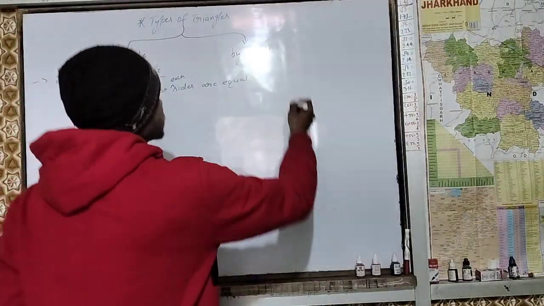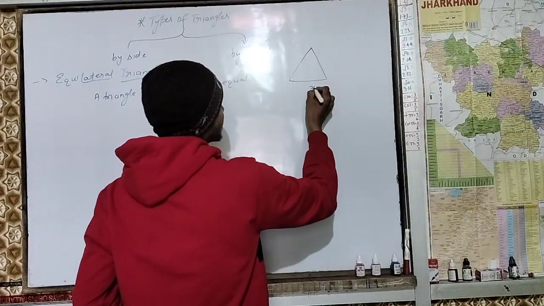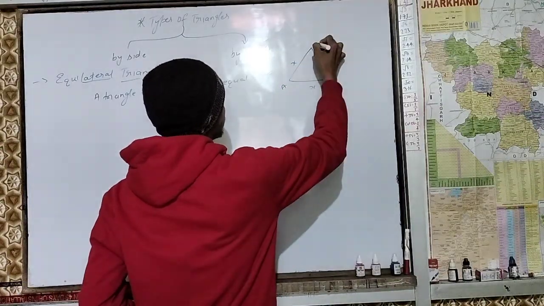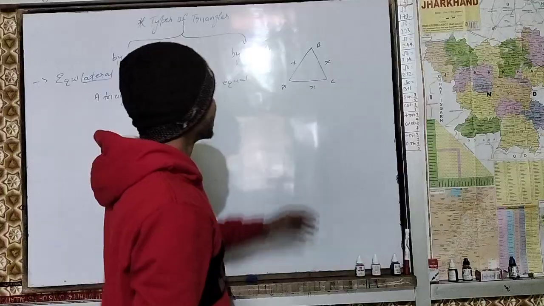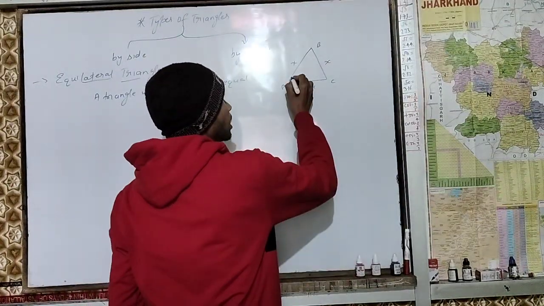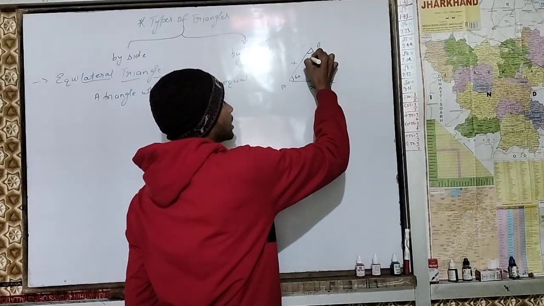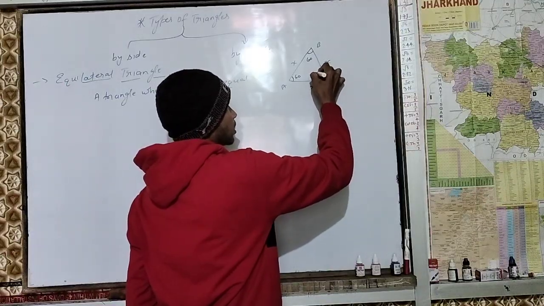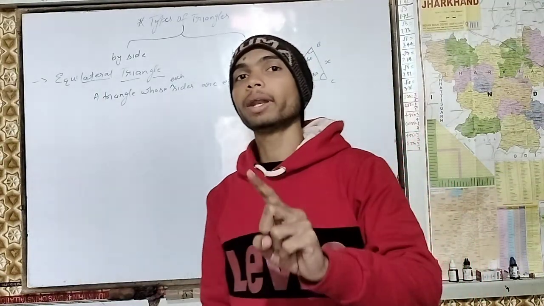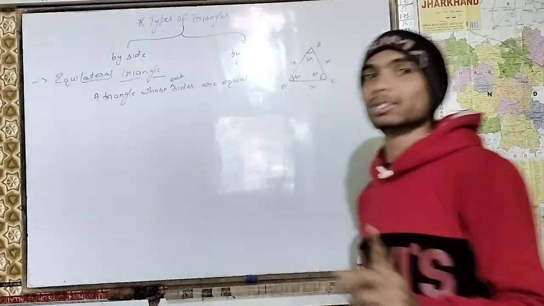Remember, if this side is x, then this will be x, this will be x. A, B, C. If each side is x, it means each interior angle is going to be 60 degrees. Three sides of a triangle will be equal when each interior angle of that triangle is 60.